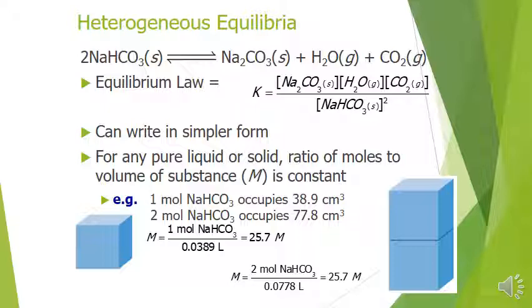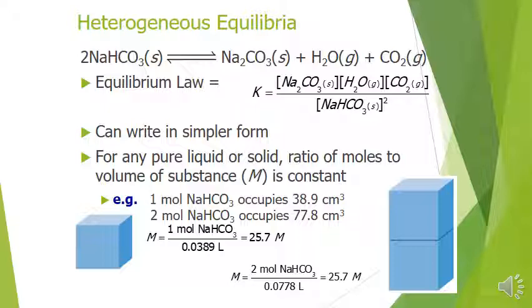Right, we're going to look at a couple of examples of heterogeneous reactions. So we have sodium bicarbonate, which is a solid, and it goes into sodium carbonate plus water and carbon dioxide. Now you can write an equilibrium expression for this, right? But it's not going to be just concentration or pressure. It's going to be product over reactant.